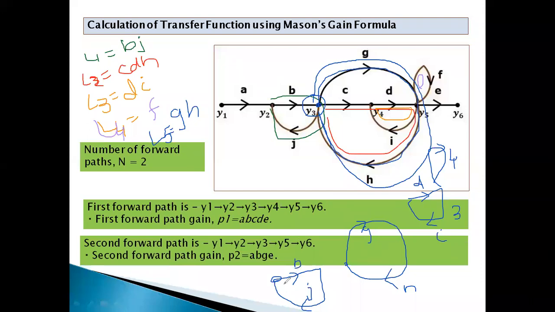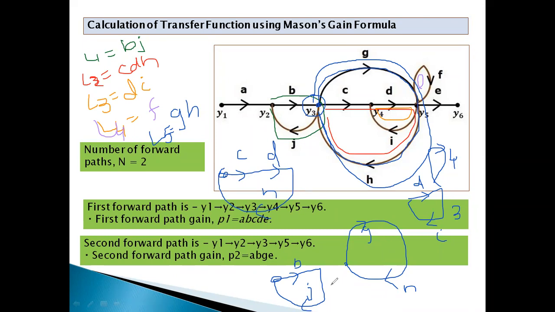Okay, so like that we can identify individual loops. For loop 2, branch is C, here it is D, again loop gain is H, again reaches to C. So these are the 5 individual loops.